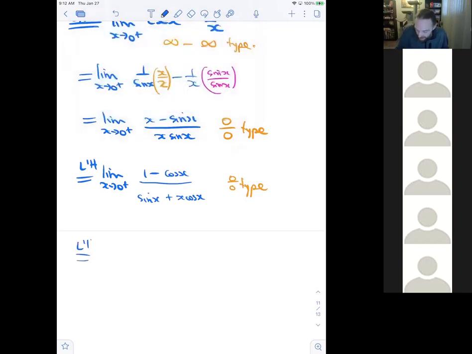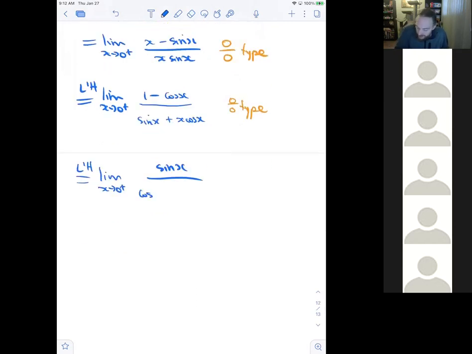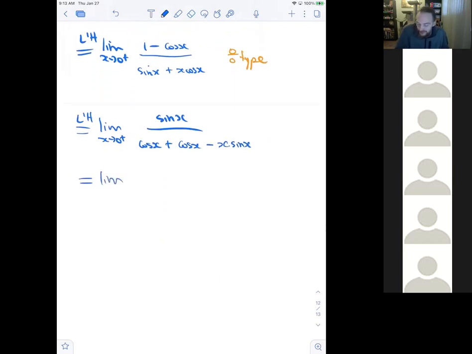So this equals, by L'Hospital's rule again, the limit as x approaches 0 plus of, what do I get? Sine x on the top, and then on the bottom I get cos x plus cos x minus x sine x, which simplifies to the limit as x approaches 0 plus of sine x over 2 cos x minus x sine x.